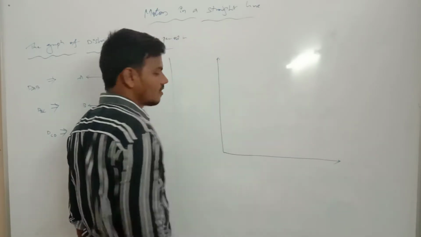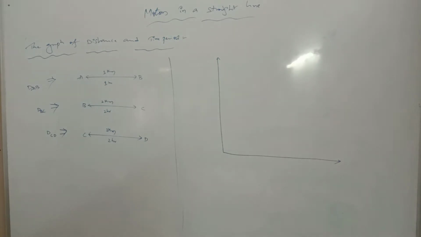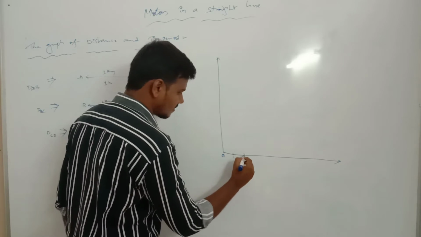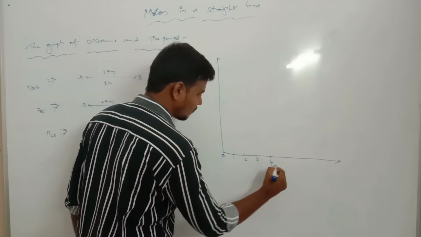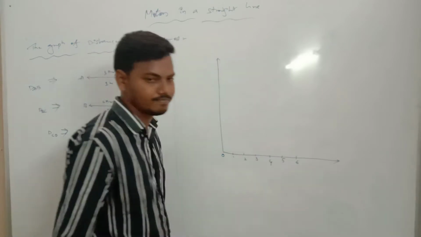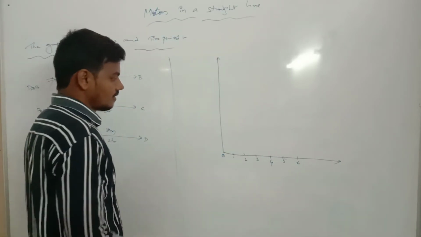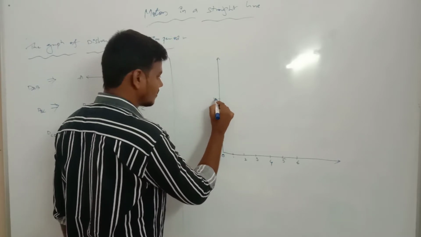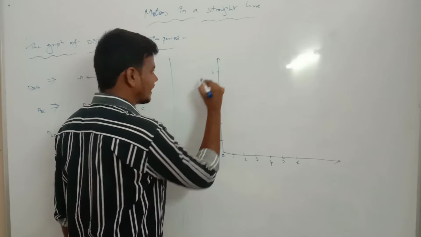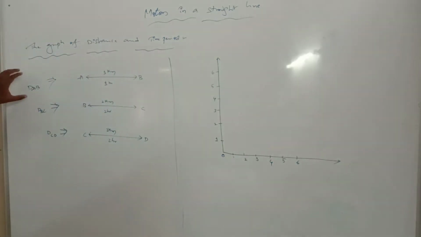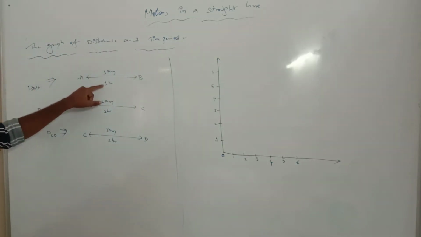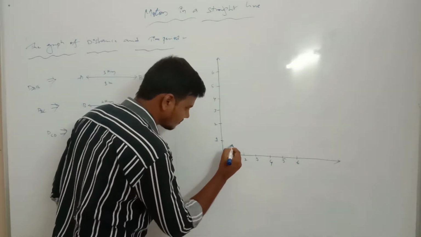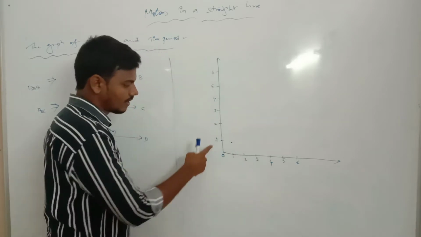This is the origin point 0. 1, 2, 3, 4, 5, 6 on one axis, and 1, 2, 3, 4, 5, 6 on the other. The distance of A to B: first we take 1 out of 1, 1 kilometer per 1 hour.